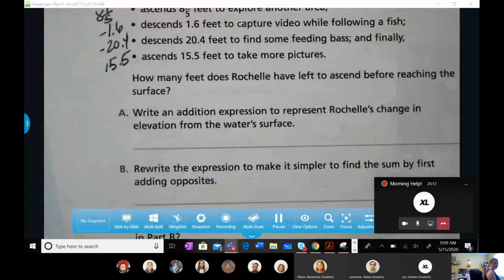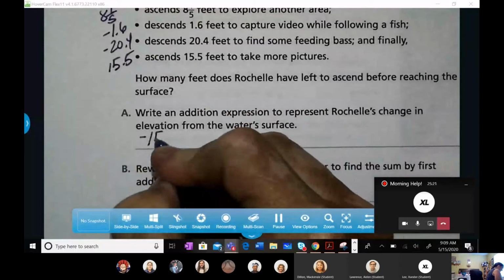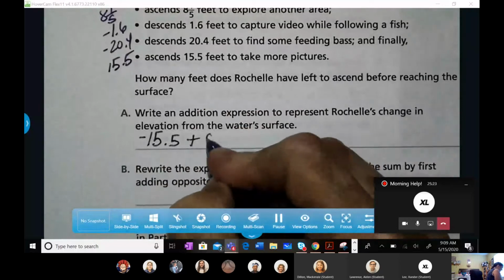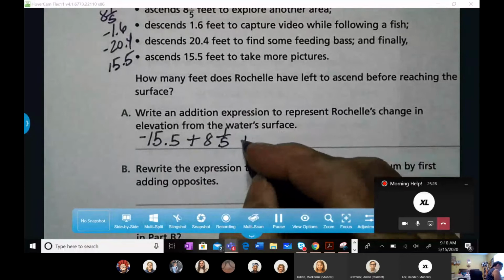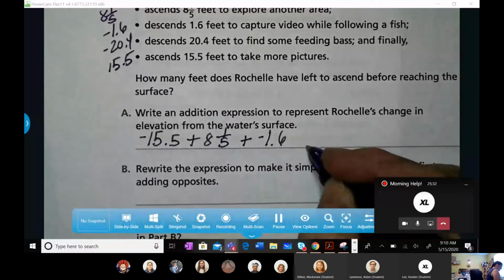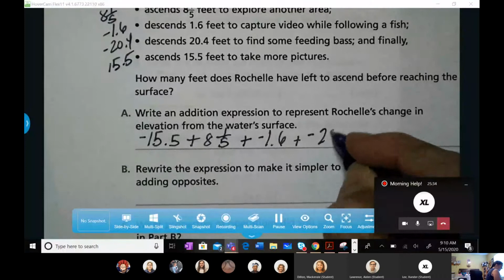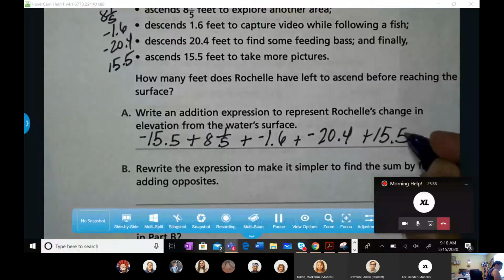So we're going to write that down here. All right, so we have negative 15 and 5/10 plus 8 and 1/5 plus negative 1 and 6/10 plus negative 20 and 4/10 plus 15 and 5/10.